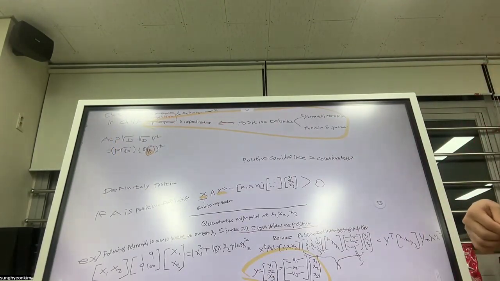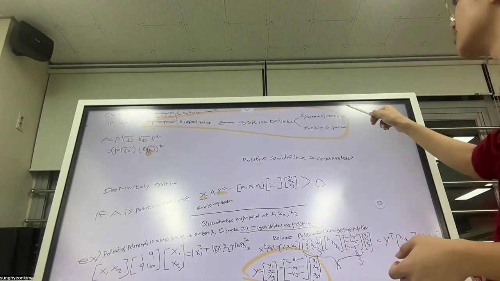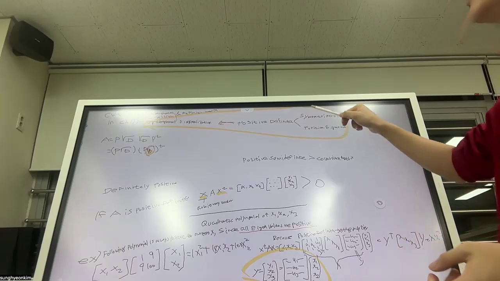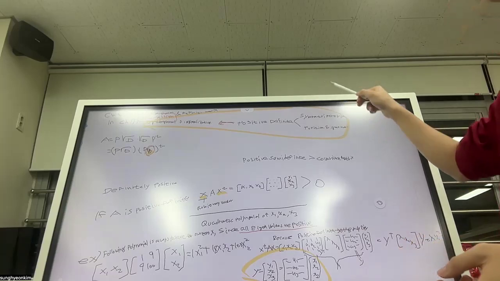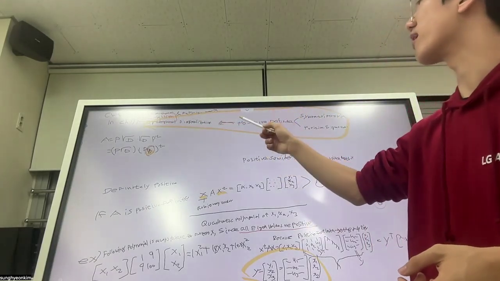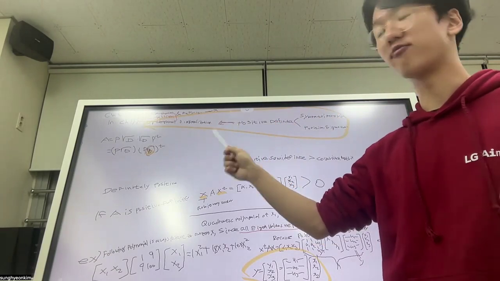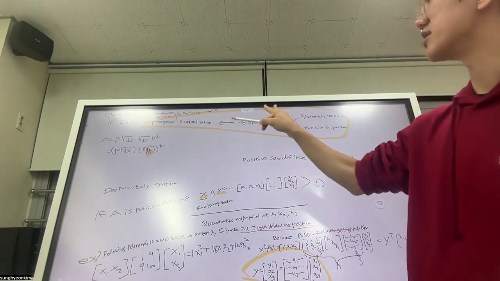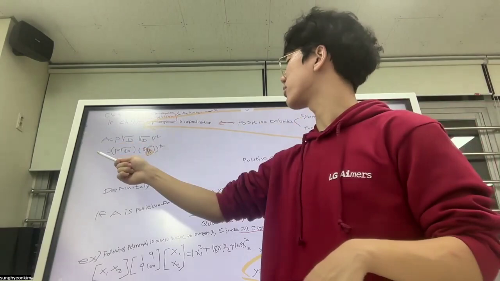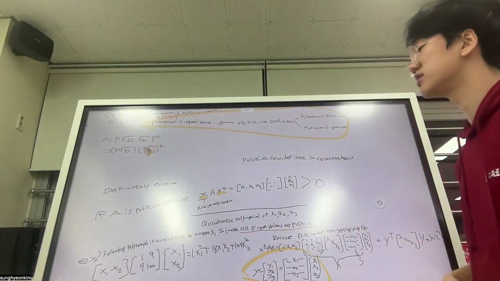Positive definite is defined by a symmetric matrix with positive eigenvalues. And if a matrix is positive definite, then we can perform orthogonal diagonalization. This is what orthogonal diagonalization is. Then we will see what positive definite is.